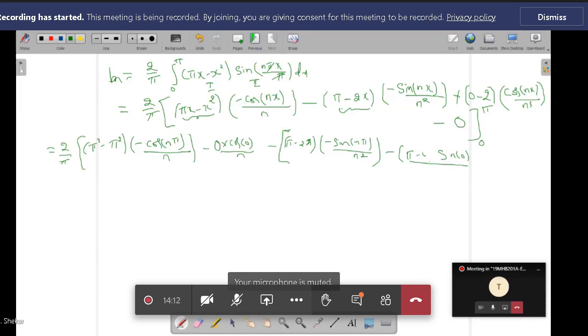Again we have minus 2, so minus 2 divided by n cube, we can take it outside, upper limit is cos n pi minus cos 0.